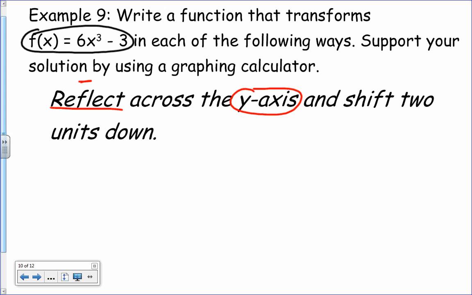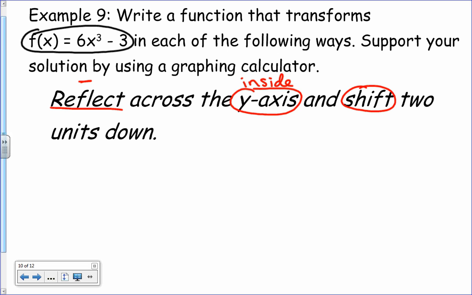Y-axis reflection's inside. Remember, the y-axis is like this, correct? So inside moves right and left, correct? So if you reflect over this axis, you go from right to left, left to right, horizontal. Horizontal's inside.